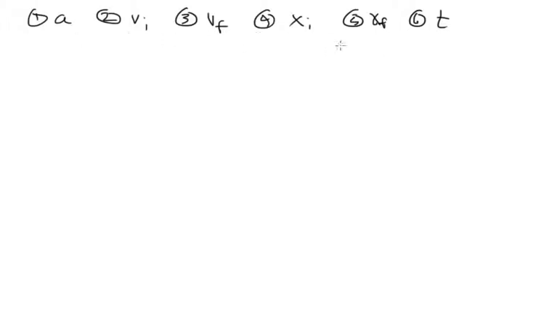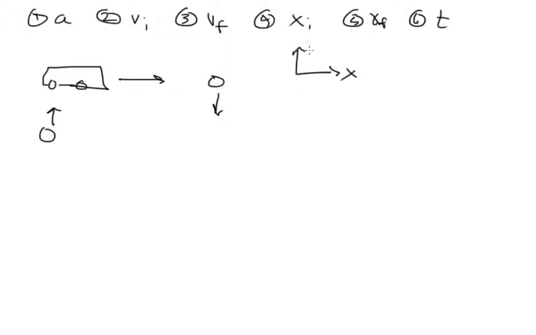Before, we were saying there's only 6 things to describe motion because everything we were looking at was going in one direction, right? The first problem we looked at, there was a car going in the x direction. Then we had a stone that fell all in the y direction. Then we threw a stone upwards, again, in the y direction. So this is your x and this is your y.